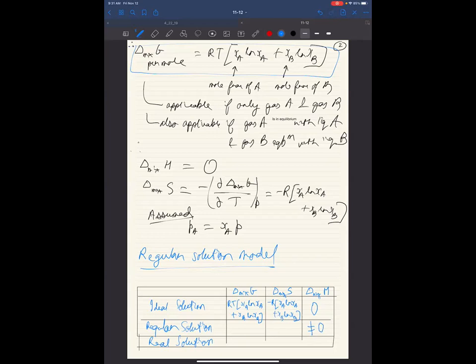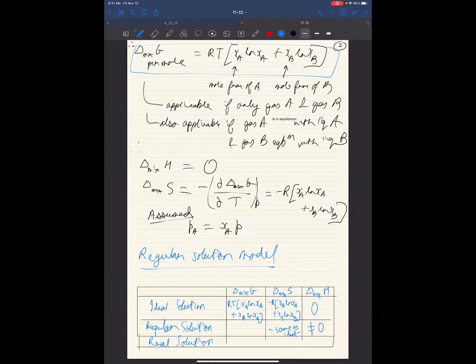We will see how much it is. It's going to be what is called a bit phenomenological, which means I'm not going to derive it completely from first principles. I'll give you intuition as to what it might be. This is kept the same as ideal. The entropy of mixing in a regular solution is the same as the entropy of mixing in an ideal solution.